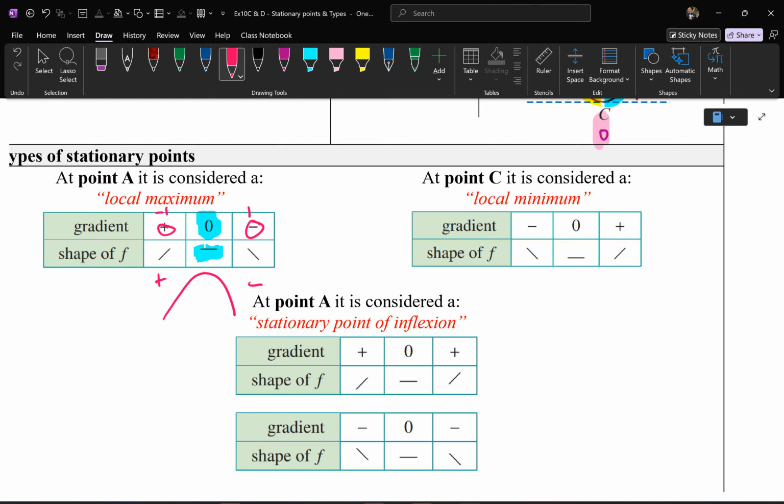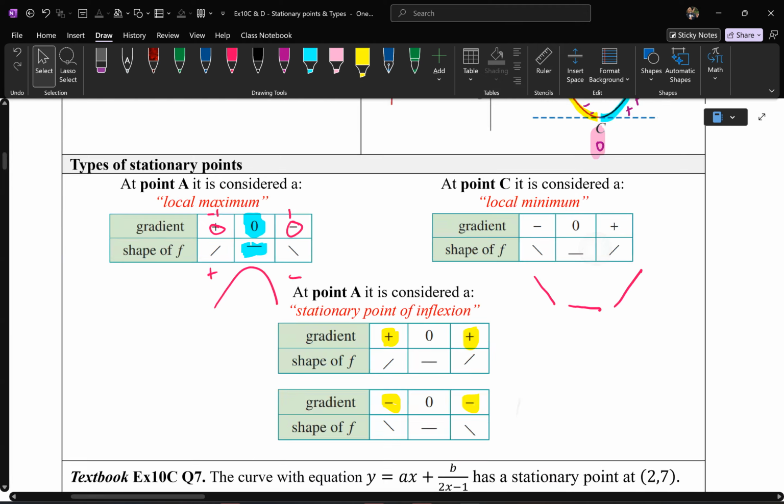A local minimum occurs when the gradient is negative first, then 0, and then a positive gradient. Whilst an inflection point maintains either positive, positive, or negative, negative. Right? And we talked about the inflection point being that concavity, and that change in point where it changes either its increase in rate or decrease in rate.